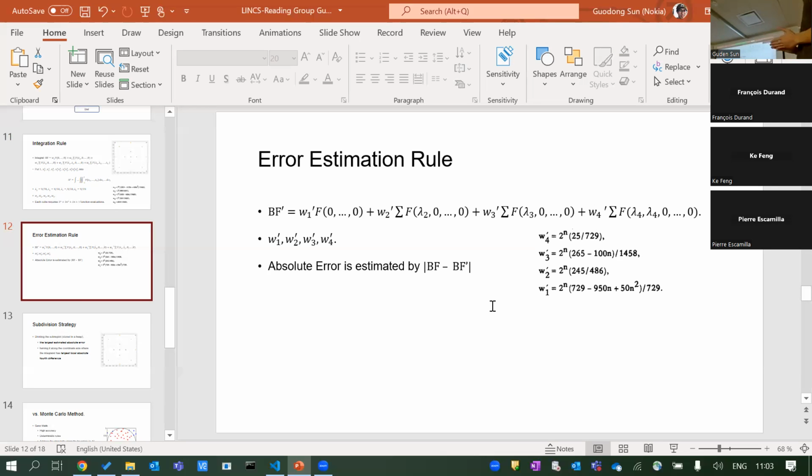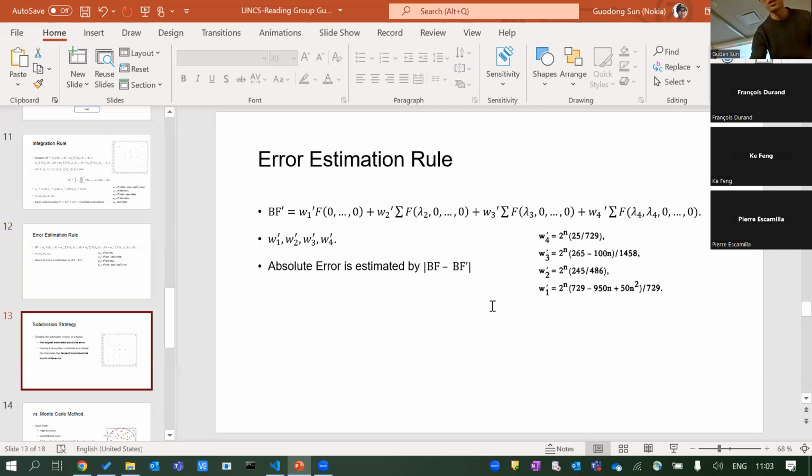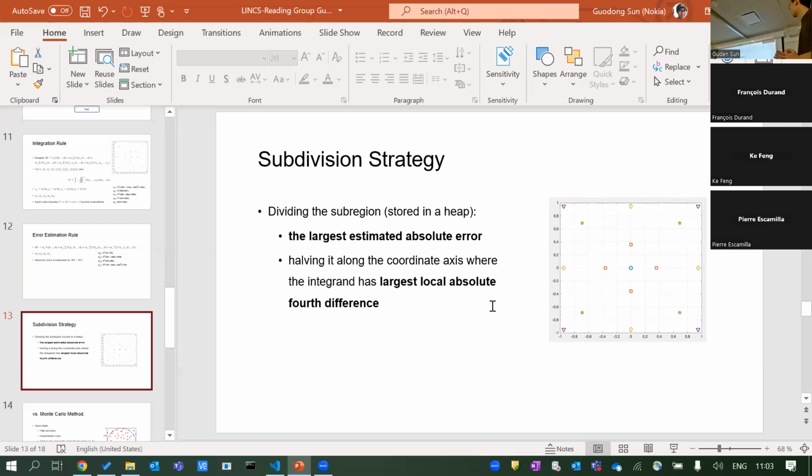If you are not satisfied with this accuracy, you can divide your cube into smaller cubes and do an approximation. The strategy to divide is what I put here.